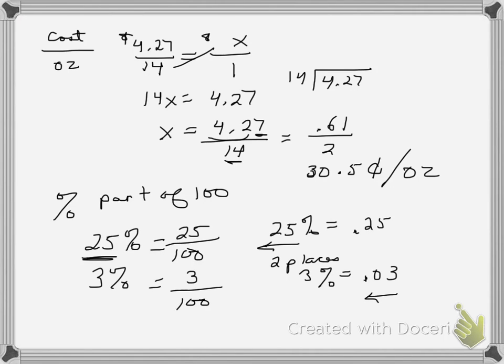If I have, let's see, what's another good example? A ratio is the same as a fraction, right? So if I have 25%, to convert it to a ratio, I would put 25 over 100, and then I would reduce it to lowest terms, 1/4.